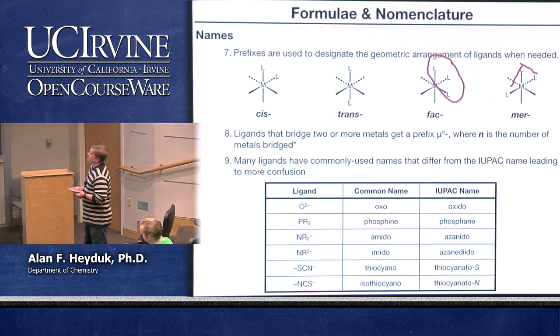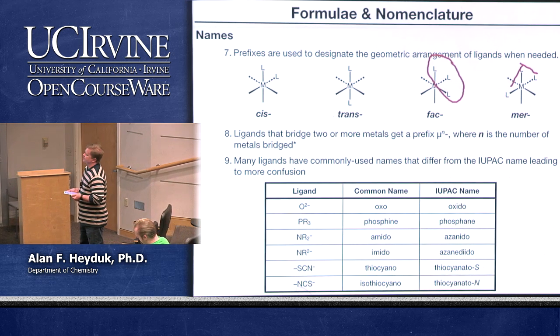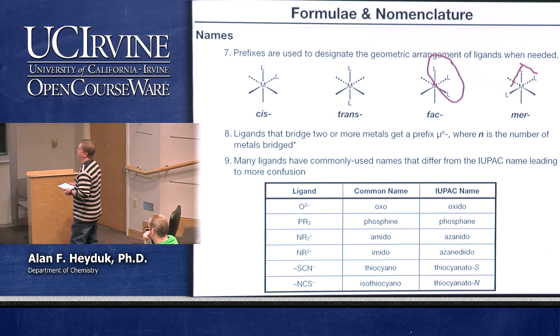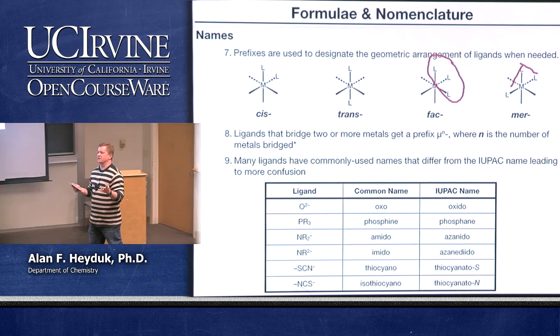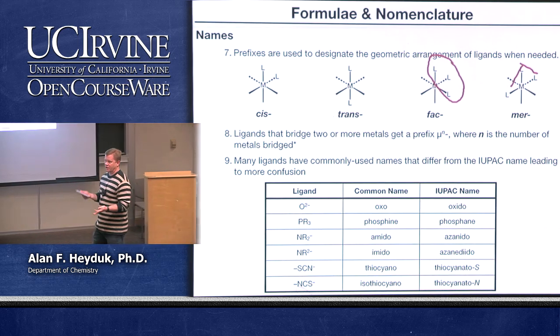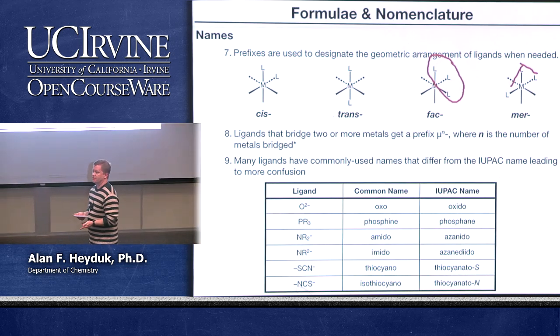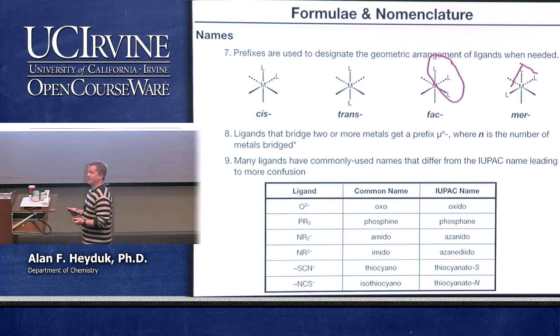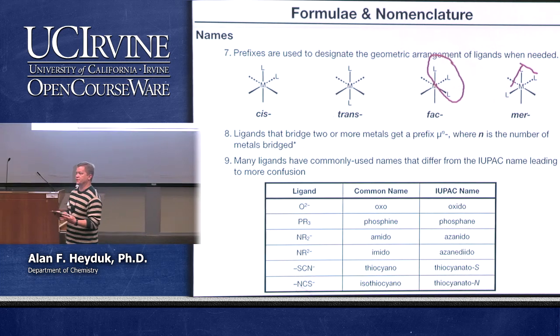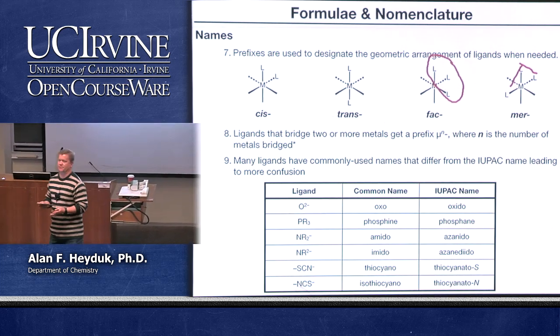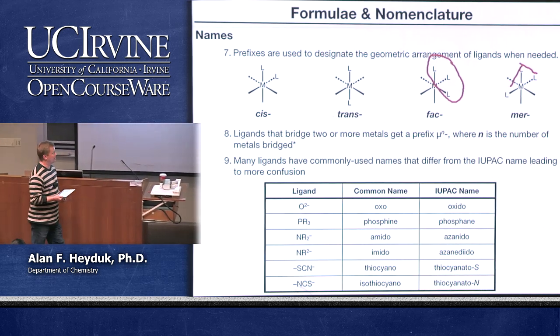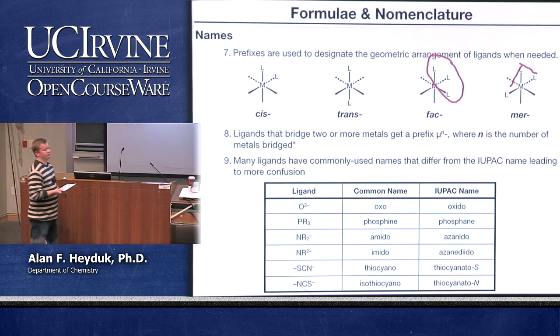And then, many ligands have commonly used names that differ from the IUPAC name, leading to even more confusion. We've all seen this in organic chemistry. It's worse for inorganic chemistry. And just like organic chemists who refuse to use IUPAC names and use the trivial or common names, inorganic chemists do the same thing.